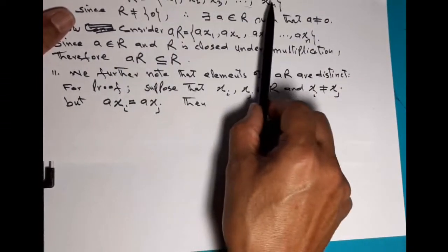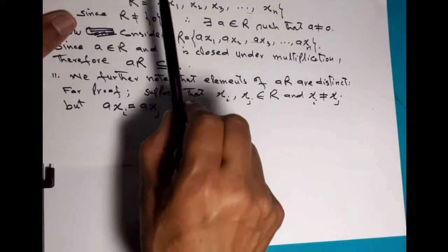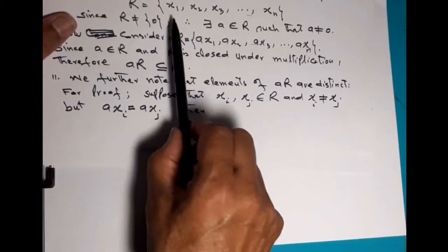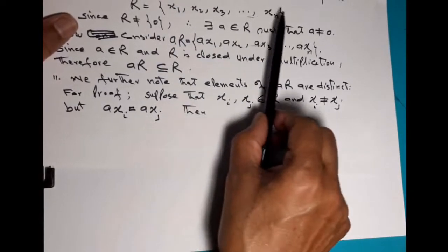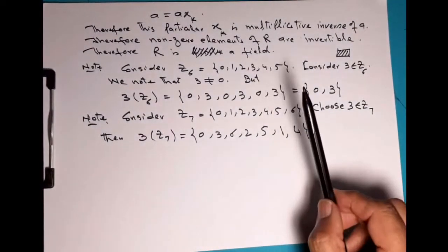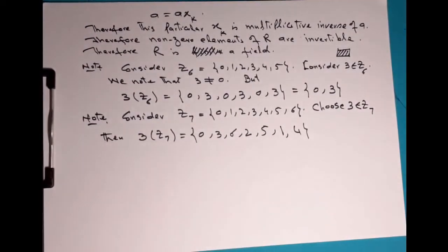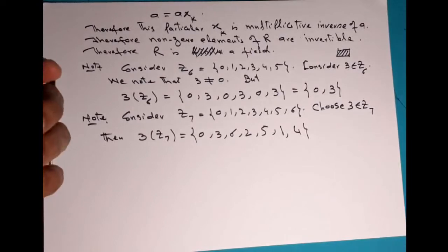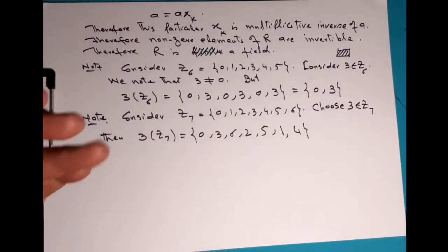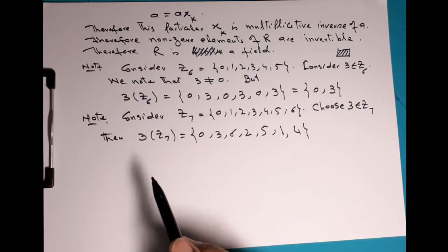Since there are no zero divisors, if we multiply with a non-zero element of this ring, the result will be the same. These two sets will be exactly the same. But if there were zero divisors, then they may be different. So note that if the ring does not contain zero divisors and you multiply all the elements of the ring with one of the non-zero elements, then you will get the same elements again. So this is what I promised to you that I will explain.